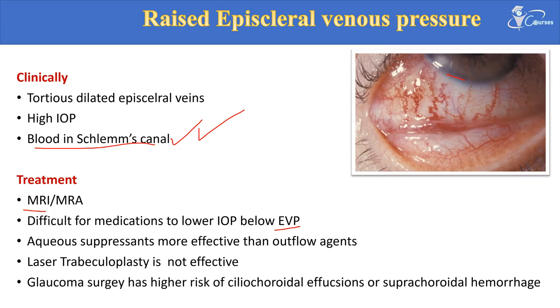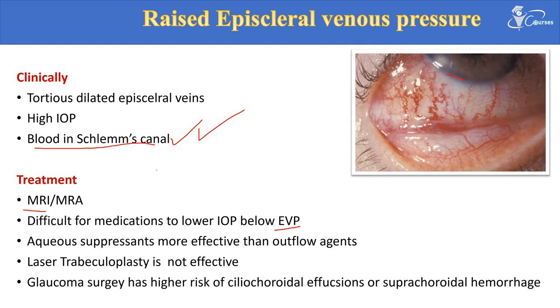You need to decrease the amount of aqueous that is secreted. This will be better to control this case. Laser trabeculoplasty is not effective, and glaucoma surgery has higher risk. Those patients will have more risk of serous choroidal effusion or suprachoroidal hemorrhage, again because of the higher episcleral venous pressure.